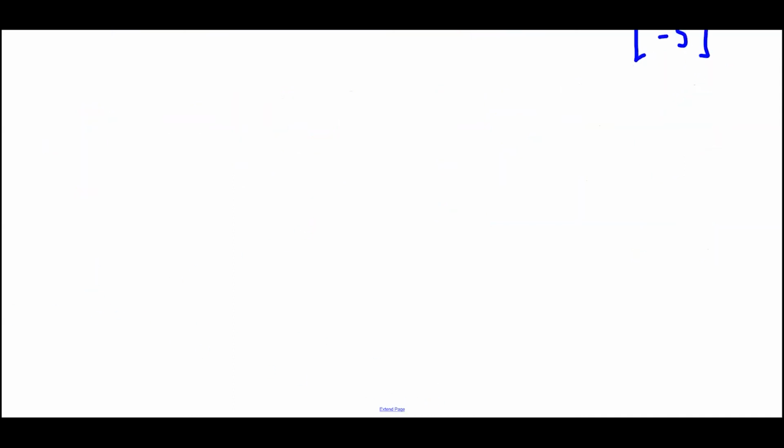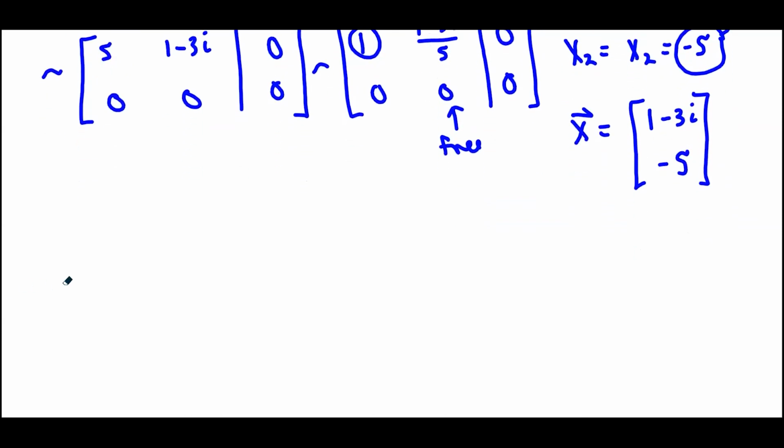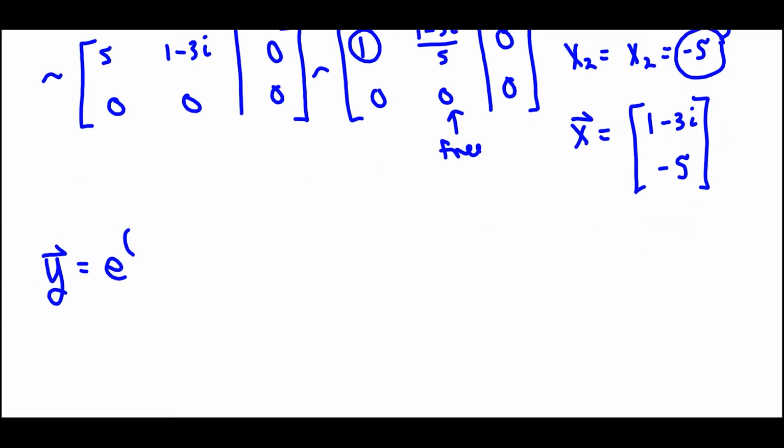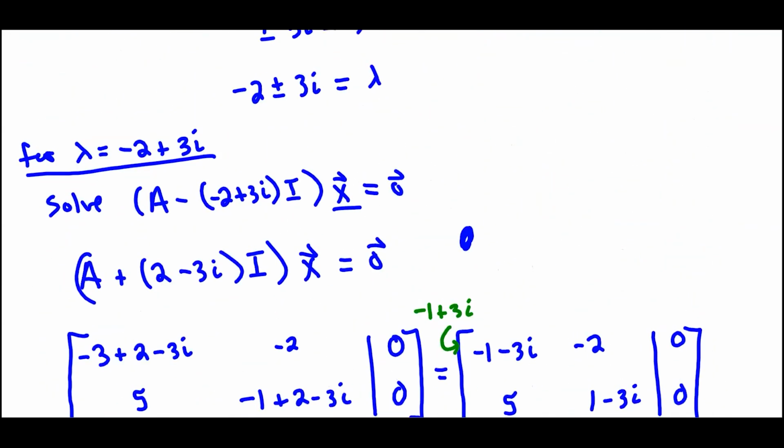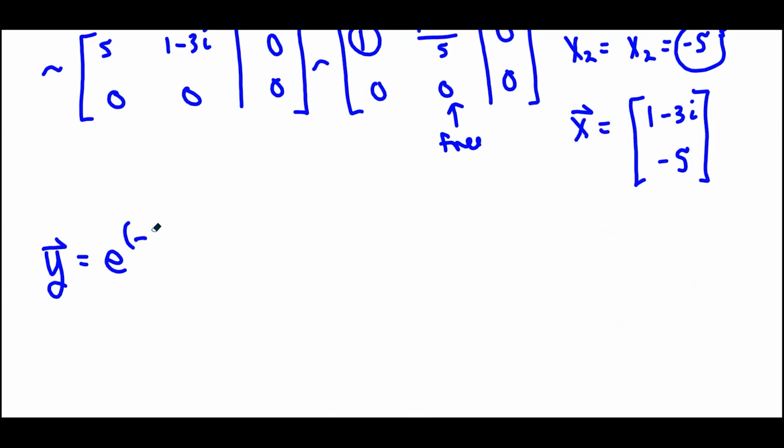So now we're going to write down one of the solutions that we could get from this. We could say y would be equal to e to the eigenvalue. What was the eigenvalue? Negative 2 plus 3i. So e to the negative 2 plus 3i times t times the eigenvalue, or sorry, the eigenvector.